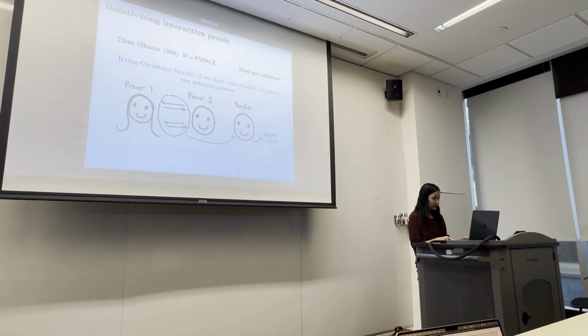And so in a recent work by Irving, Christiano, and Amodei, they pointed out that if we want to recover relativization, what we could do is replace the single prover in an interactive proof with two debating provers. So debate is like in this schematic here: we have two provers who are going to debate each other, and a verifier who doesn't participate in the debate himself, but is able to see what's going on. At the end, he makes some decision.